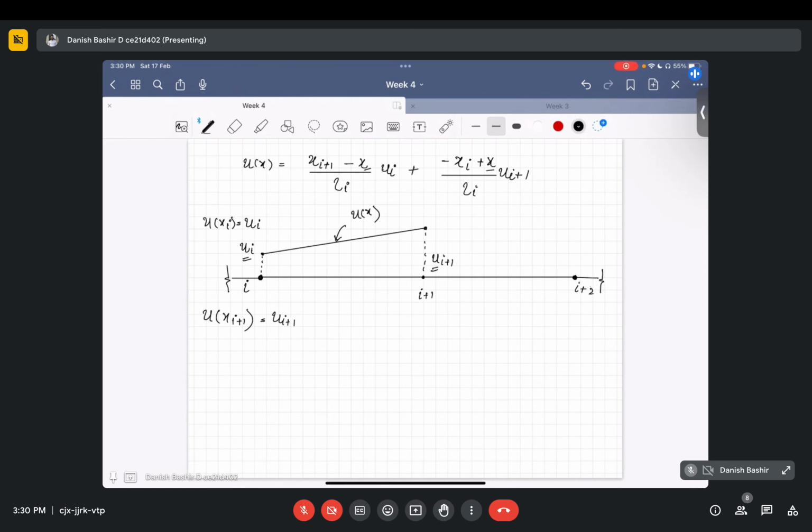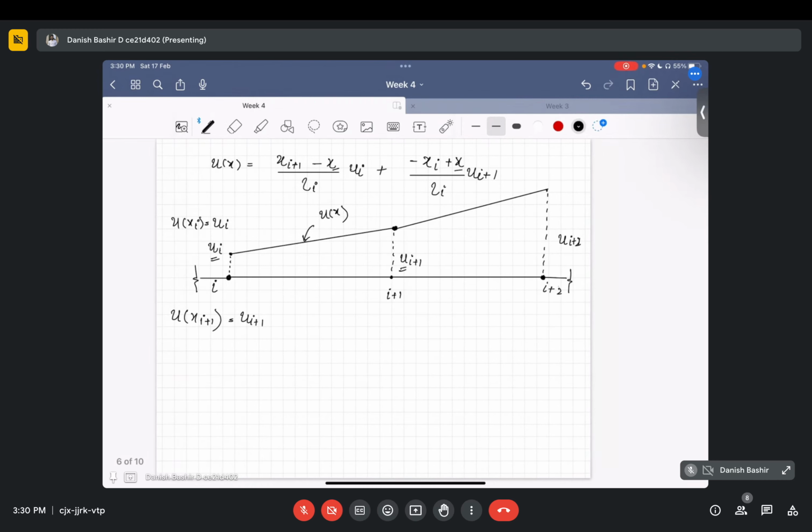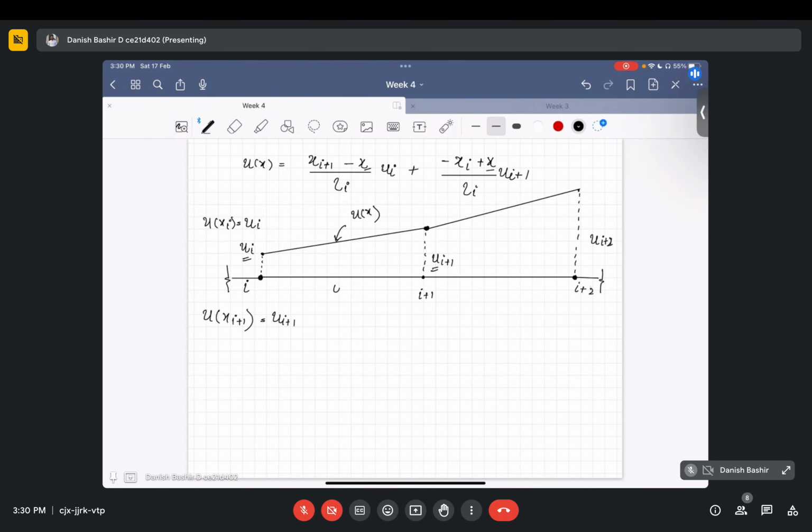And then this can be continued to another node where the nodal value will be ui plus 2. So it will be continuing like this. You can see that at the junction of the two elements, that is element I, so remember, I am writing the node without a circle and the element with a circle. Okay, I plus 1th element.